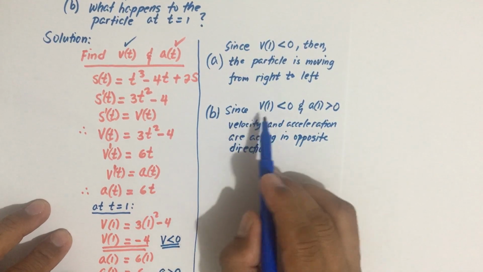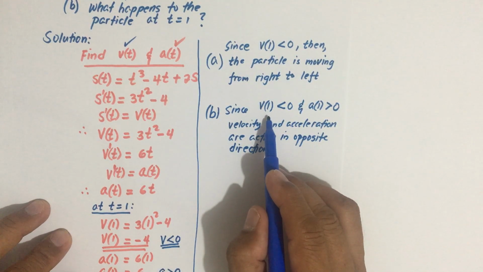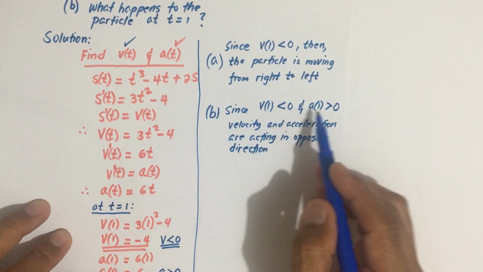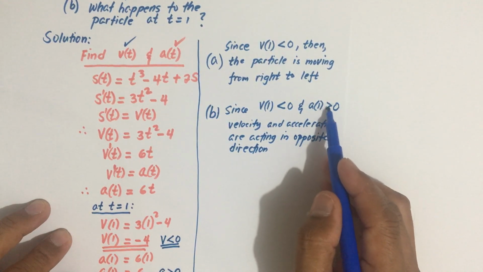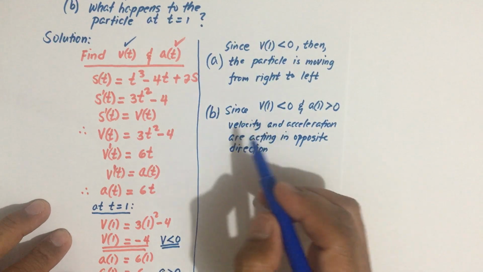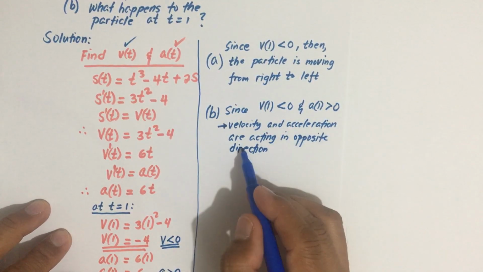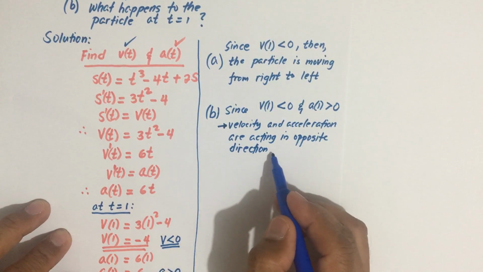Okay, so since v at t equal to 1 is negative and acceleration at t equal to 1 is greater than 0, the velocity and acceleration are acting in opposite direction.